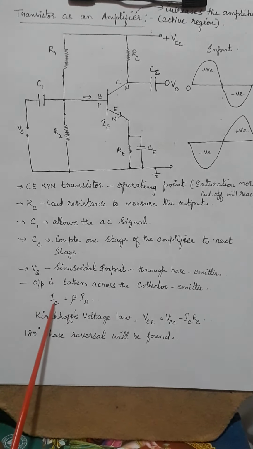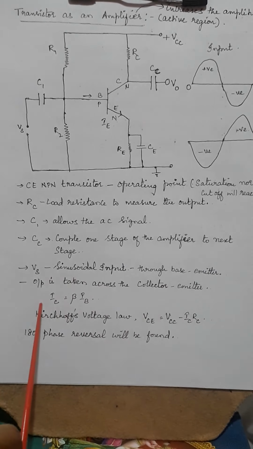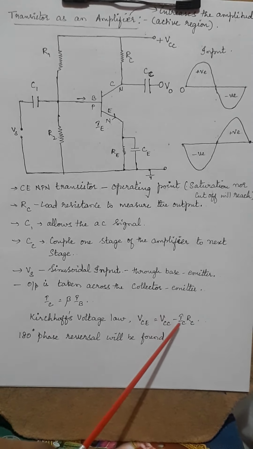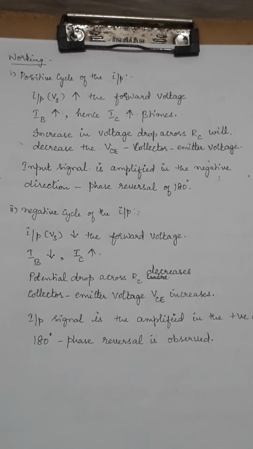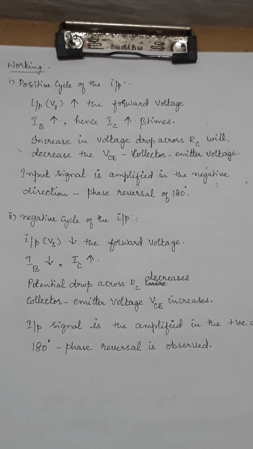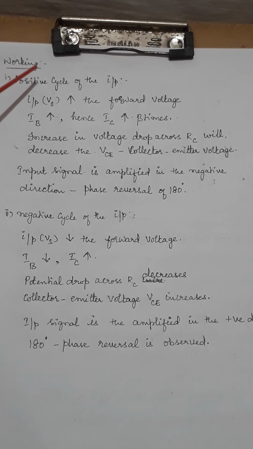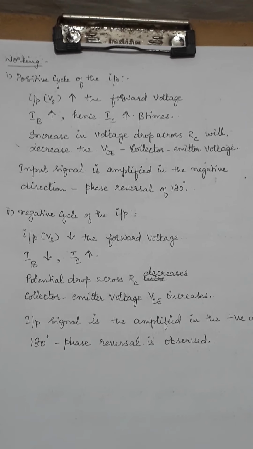If I use Kirchhoff's voltage law, then the equation is given by VCE is equal to VCC minus IC into RC. Now we look into how it works. There are two cycles, one a positive cycle of the input and the next a negative cycle of the input.